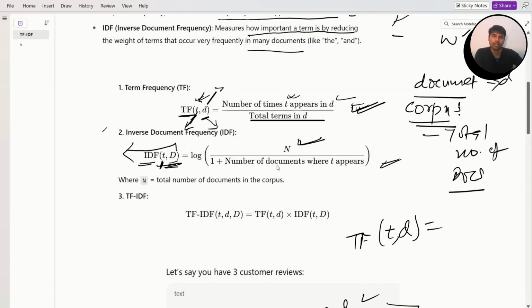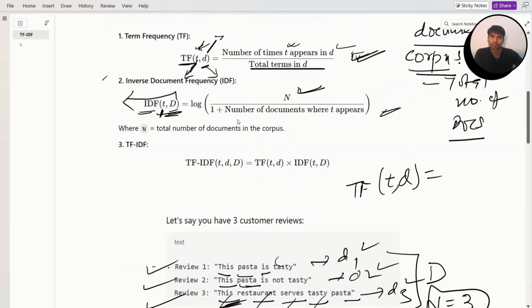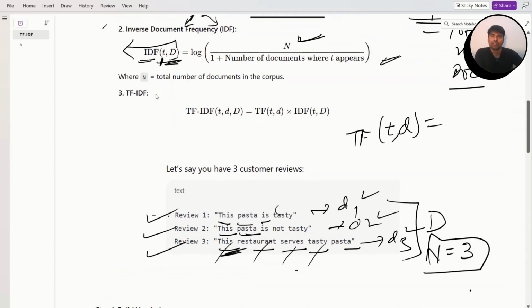Then in the denominator, the lower part, I will divide this N by the number of documents in which this t appears. I will find the occurrence of the given keyword in documents.